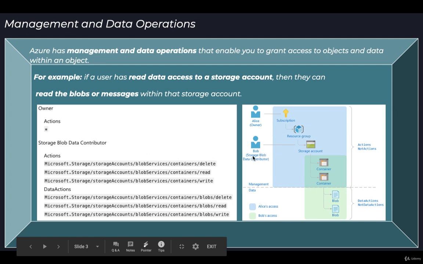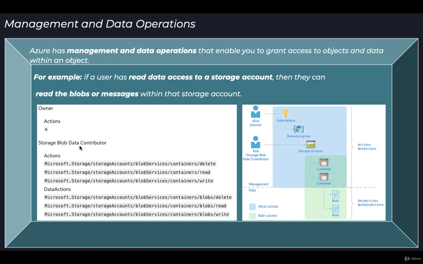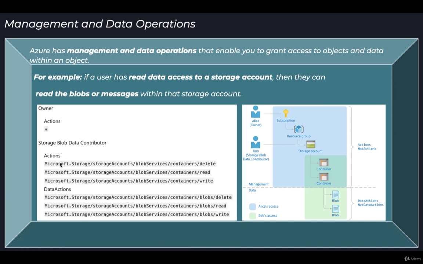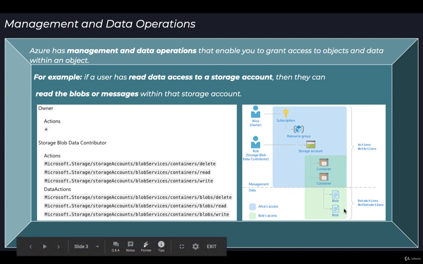On the other hand, for Bob, the data contributor permissions are mentioned as actions on the management as well as the data actions. These are the management actions, and for Alice the actions are defined only for the management actions. That is why Alice will not be able to perform any kind of data operations.